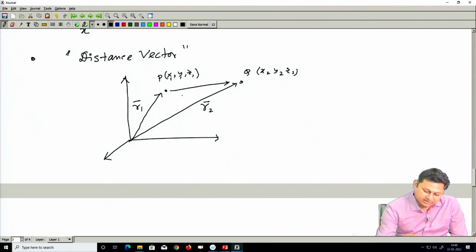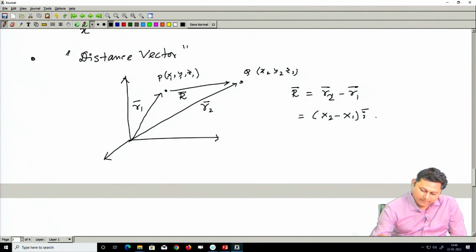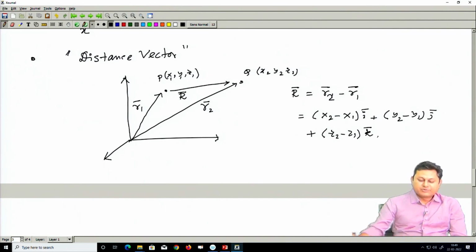If I define this distance vector as big R, then big R should be equal to r 2 minus r 1, or in the coordinate system it should be x 2 minus x 1 i plus y 2 minus y 1 j plus z 2 minus z 1 k. So, that should be the distance vector.